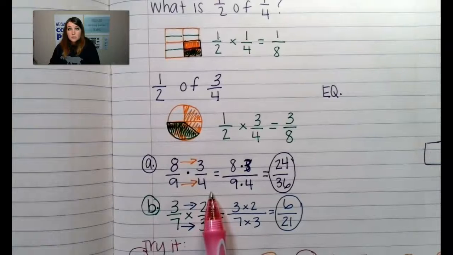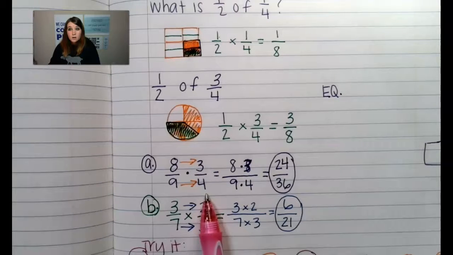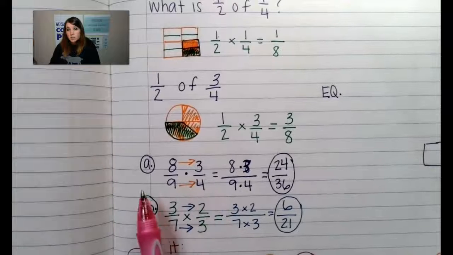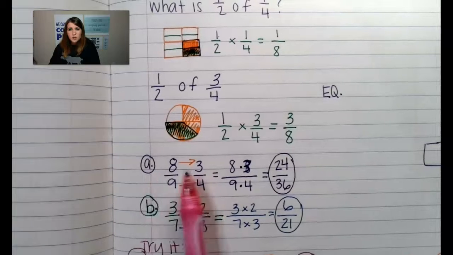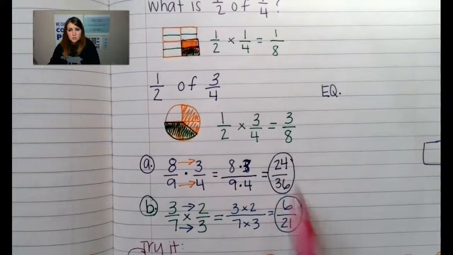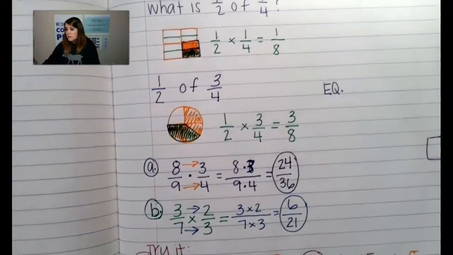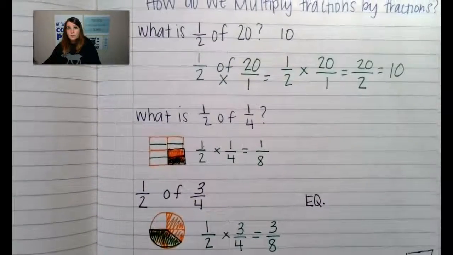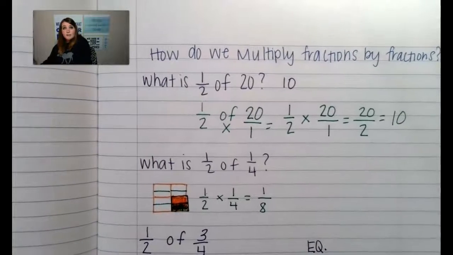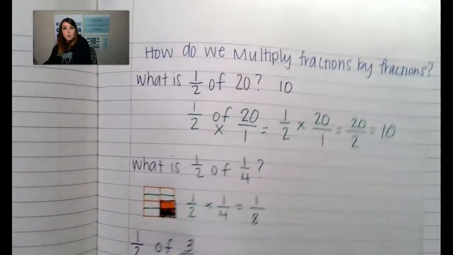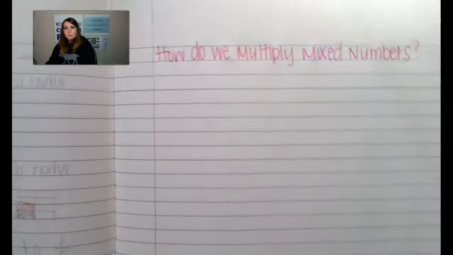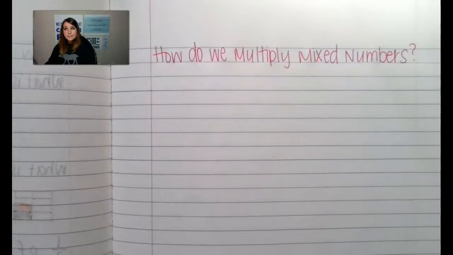So there is no need for changing your bottom numbers. A fraction and a fraction, straight across, multiplication, get your answer. Okay? So we know that when we multiply fractions, we want them in fraction form, and then we just multiply straight across. So how do we multiply mixed numbers then?